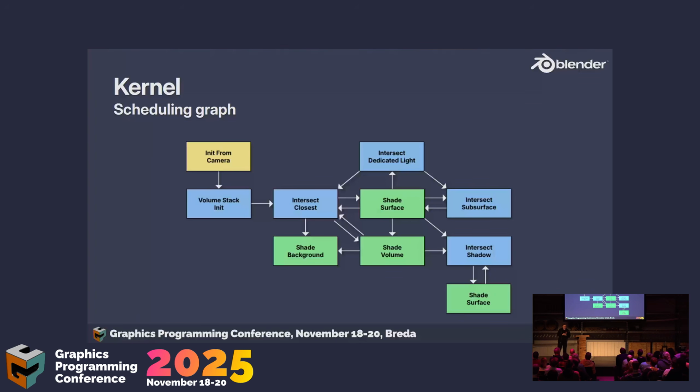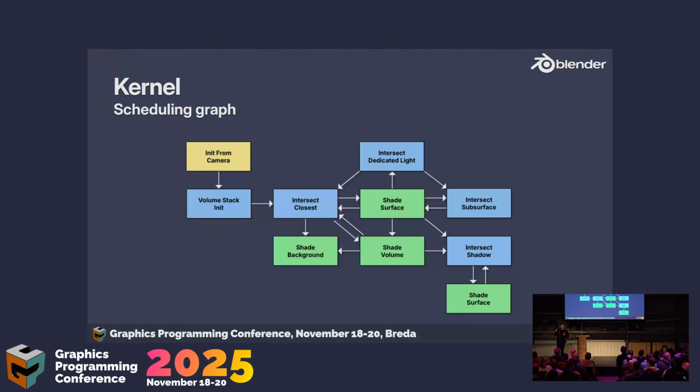So this is a typical scheduling graph. It's a bit hard to visualize what exactly is happening, but basically the idea is that everything starts with generating camera rays. Then if there are any volumes in the scene, we initialize the volume stack to know which of the volumes are enclosing the camera, so we can do proper volume integration.